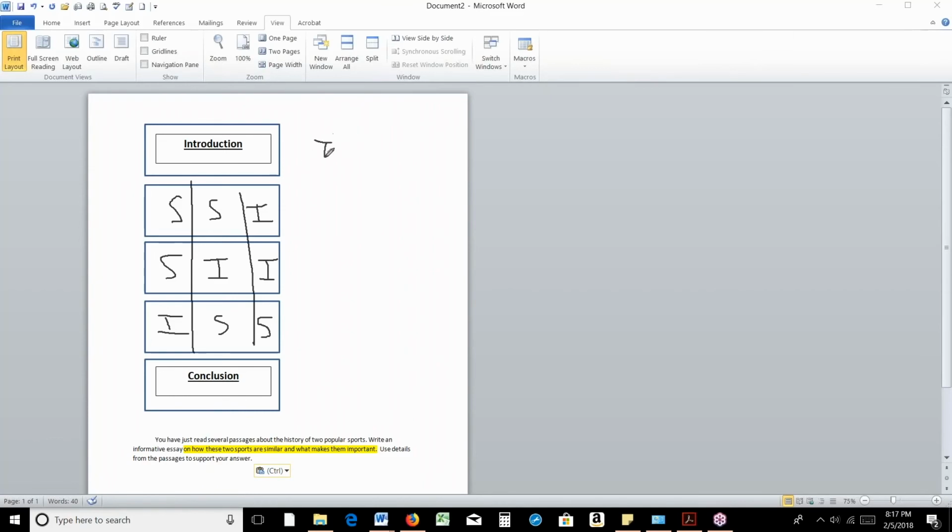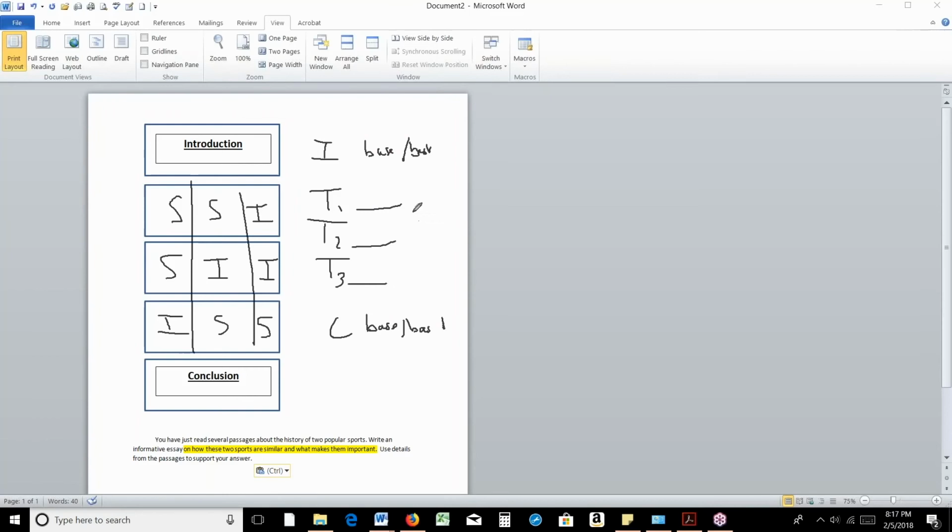When they're doing their introduction, I'm just going to shorten it, they'll put baseball, basketball on their INC. And then for their topic 1, topic 2, topic 3, maybe they'll choose 1 way they're similar, and then how they're similar again, and then how they're important.